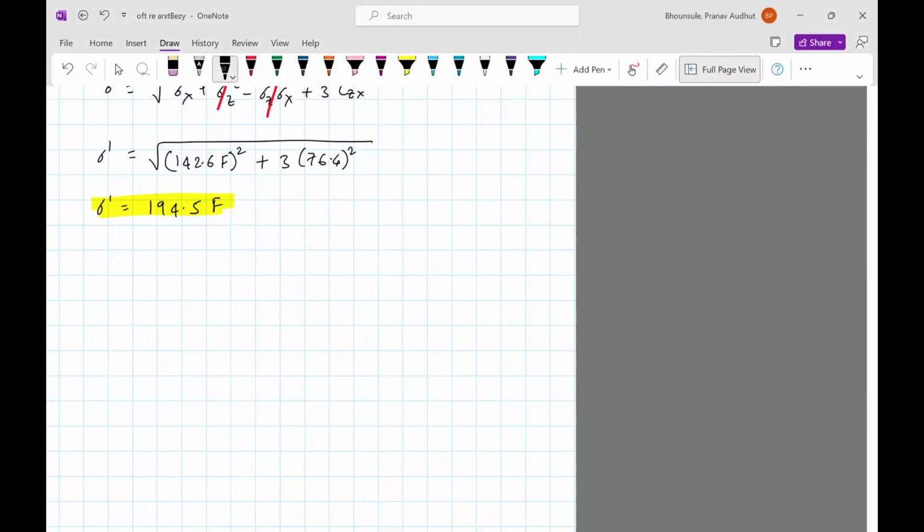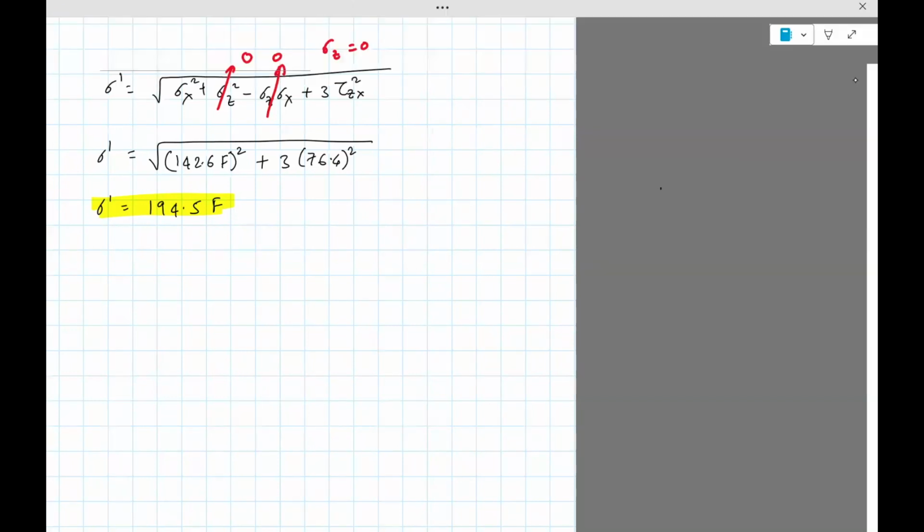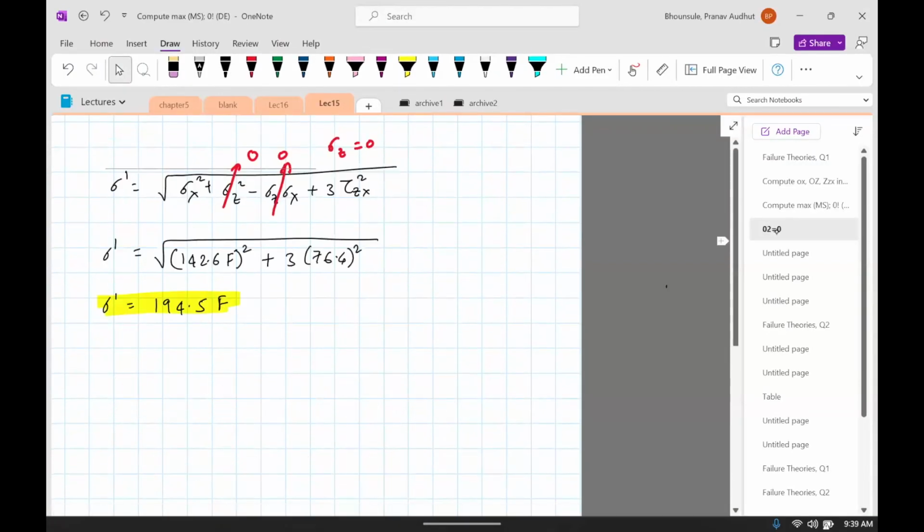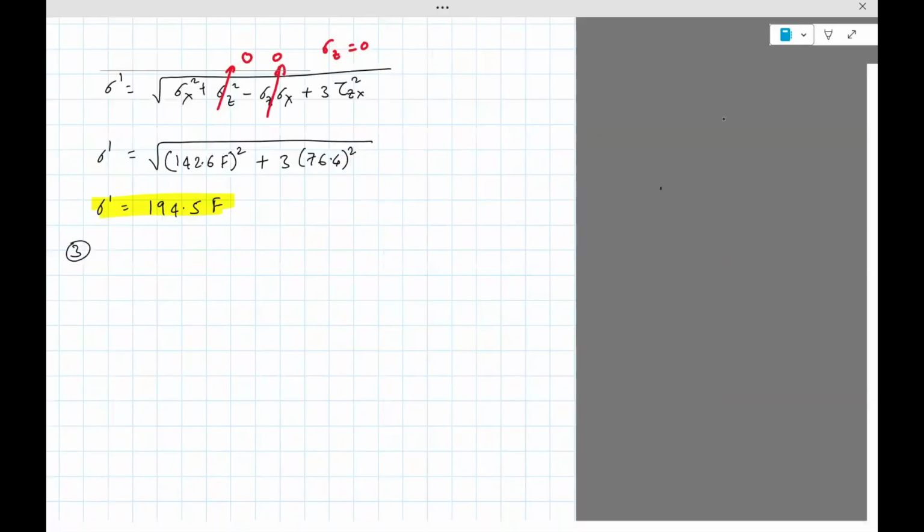So this is step number, let's see, what did I write? 3. Perfect, 3. Compute F. For MSS, the criterion is that tau max should be equal to SY divided by 2.